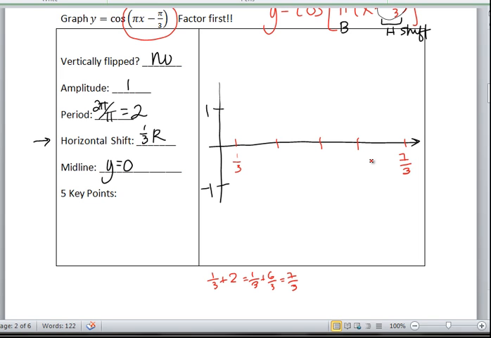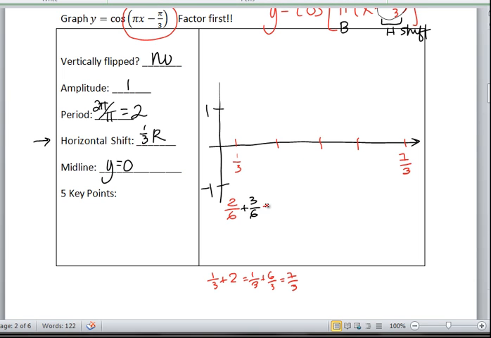But as you can see, this could be some sort of logistical nightmare with all of the fractions, right? So when you're talking about 1/3 and 1/2, your lowest common denominator is 6, right? So I'm going to write 1/3 as 2/6. And to that, I'm going to add 1/2, which is 3/6. Okay, I'm always going to add 1/2, which is 3/6. And so what does that get me?